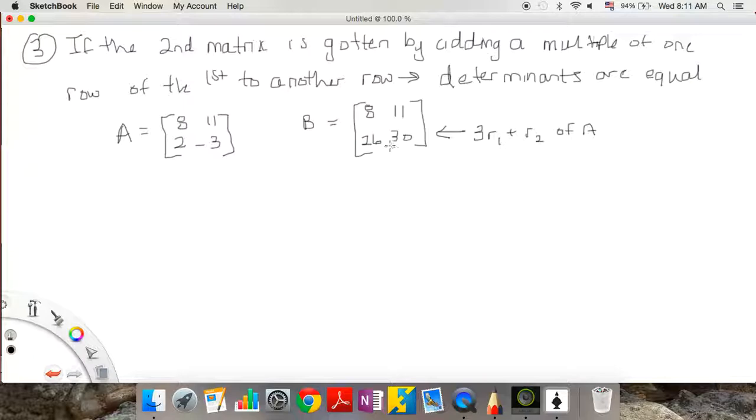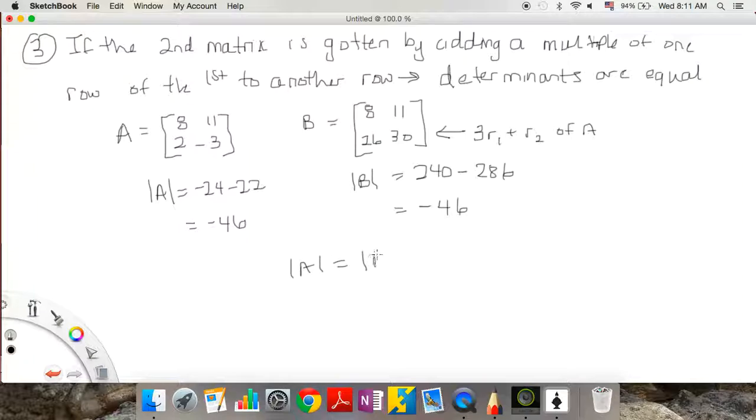So this is kind of those Gaussian elimination techniques that we were talking about. So if you notice, the determinant of A is -24 minus 22, which is -46. And the determinant of B is 240 minus 286, which is -46. They're equal to each other.